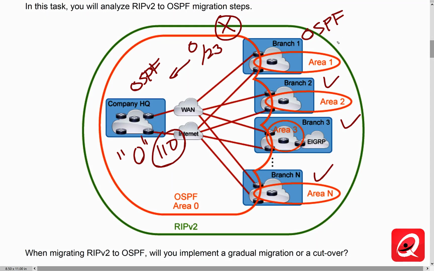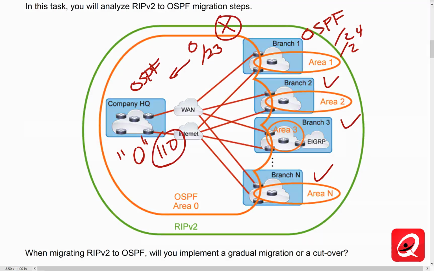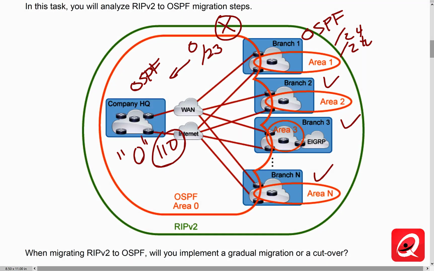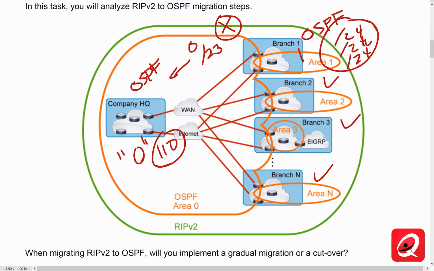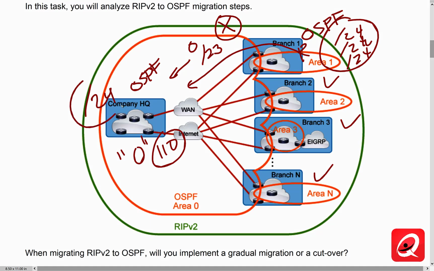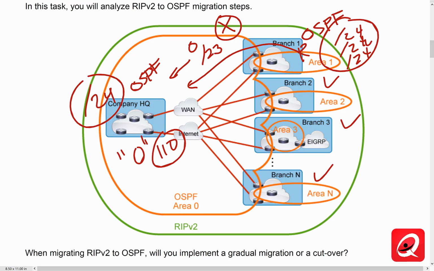So let's say there's 3 /24s here. If those are RIP routes and those are being sent in, the /24s would still exist in RIP and the /23 would exist in OSPF. They would all go in the routing table basically because they're not the same prefix length.